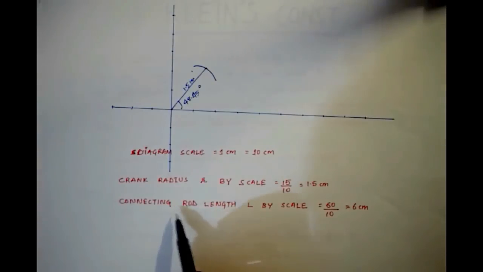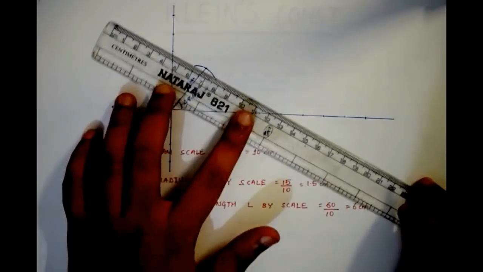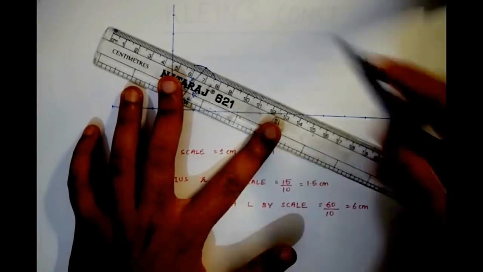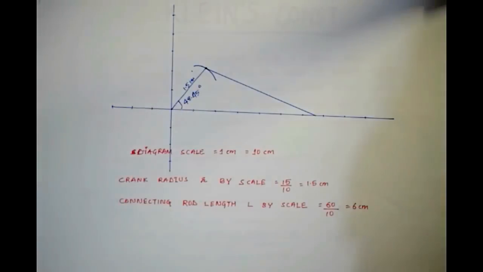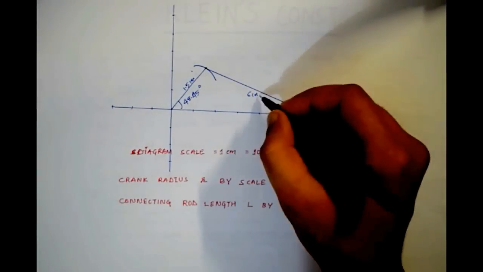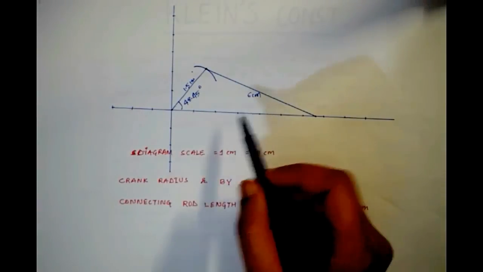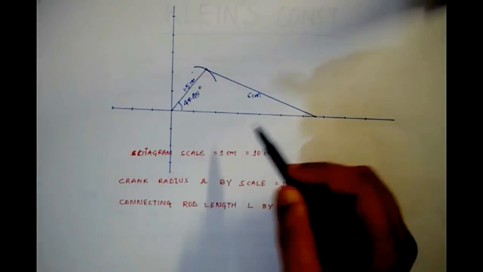Now the connecting rod length is given as 6 cm, so I made a length of 6 cm. This diagram is a rough diagram. If you draw this diagram by a correct scale, you will get the correct answer.